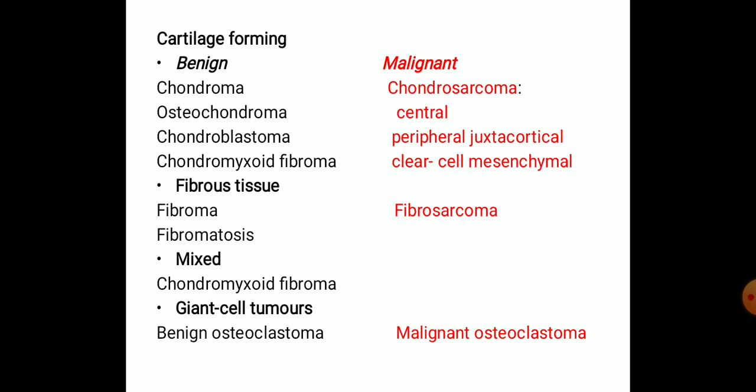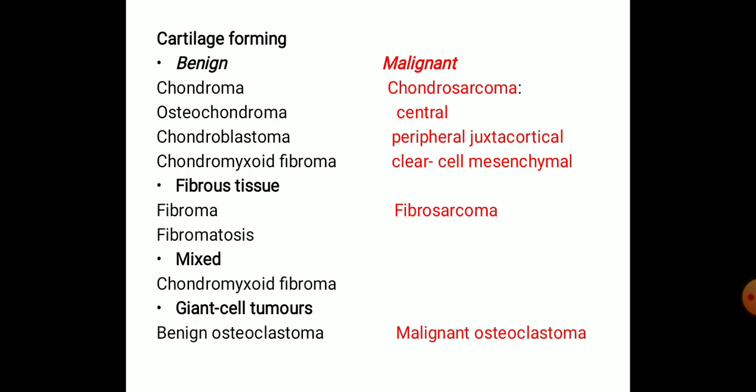Next one is cartilage forming: the tumors which are mainly composed of cartilage tissues. The benign cartilage forming tumors are chondroma, osteochondroma, chondroblastoma, chondromyxoid fibroma, and the malignant ones are chondrosarcoma, central and peripheral, juxtacortical, clear cell, and mesenchymal tumors.